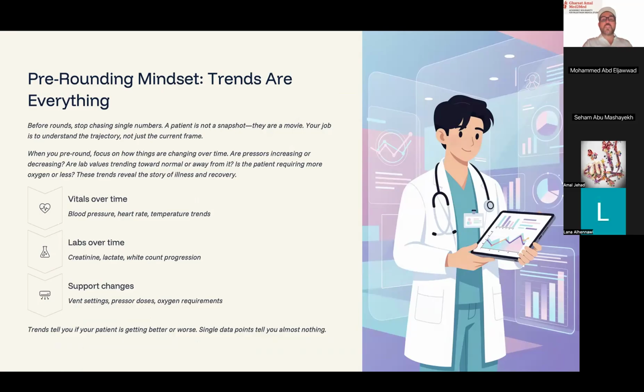Sometimes what you do is you come before the rounds and you start to train for the rounds. شو معناتها? Before I go see the patient, I sit with the file. I have my own template. It's a piece of paper where I write down all of the information about the patient.